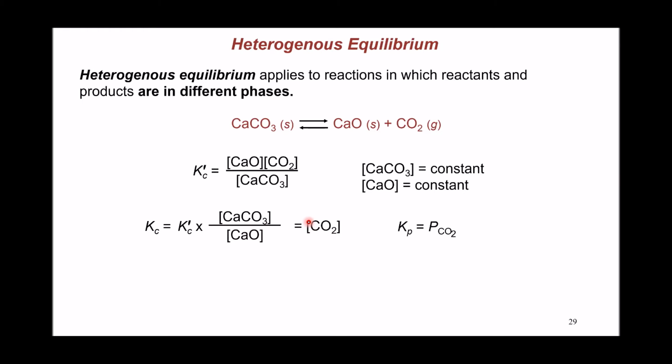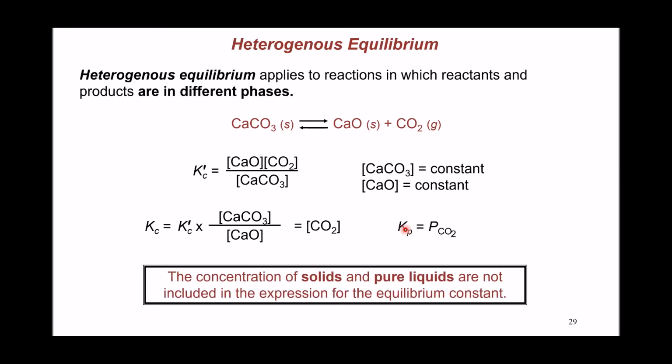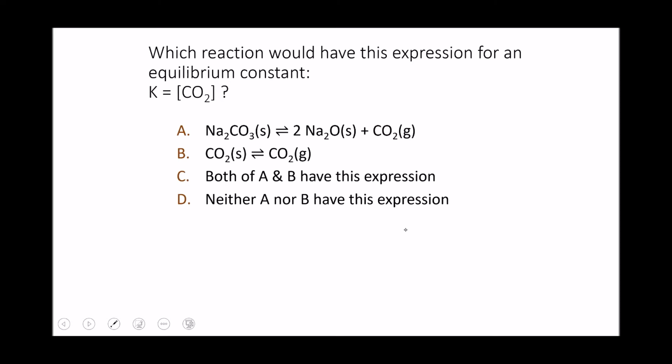Or if you define a pressure-based equilibrium constant, it is going to depend only on the pressure of the gaseous phase substance in the medium. So in general, the concentrations of solids and pure liquids will not be included in the expression for the equilibrium constant for any reaction.